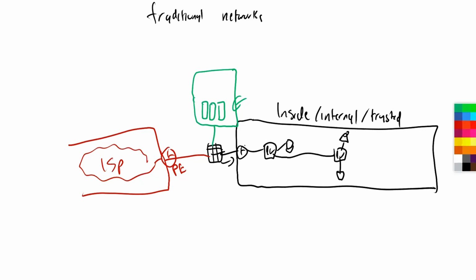So here we have something called a screened subnet. In here, we're going to have increased monitoring, logging. We're going to have increased security. Technically, right, in traditional networks, traditional security, we say that the inside and internal zone should already be trusted, meaning that if you're on this environment, you should already be authenticated and authorized properly, okay?